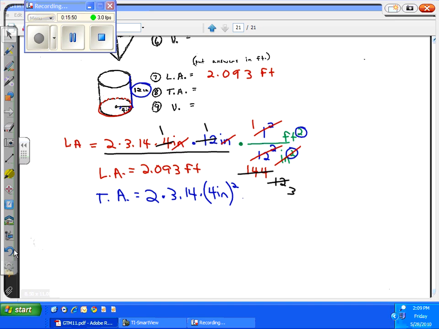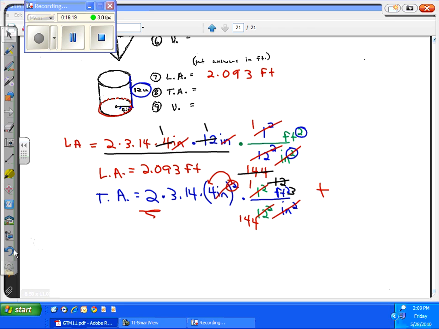But we want the answer in feet instead of inches, so we're going to lose the name square inches and gain the name square feet. 1 foot is 12 inches, but we square them. Becomes a 1 and a 144. You're going to lose that name square inches, but that square still goes on the 4. That's the area of the top and bottom, because we had 2 times the area of the bottom.